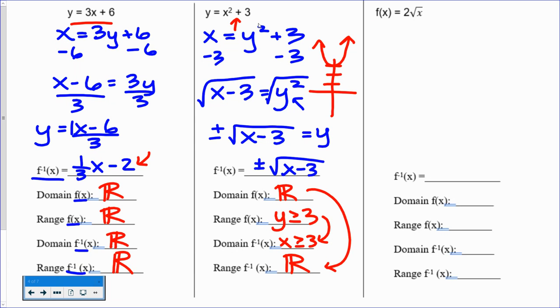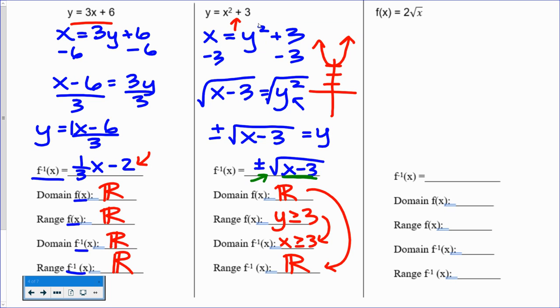And then hopefully this makes sense, especially from last week's lesson on graphing your radical functions. You had to come up with domain. So I can't have any negatives inside of that square root. So that would mean all my numbers have to be greater than or equal to 3, because 3 minus 3 would make that 0. Anything smaller than 0 would be a negative number.